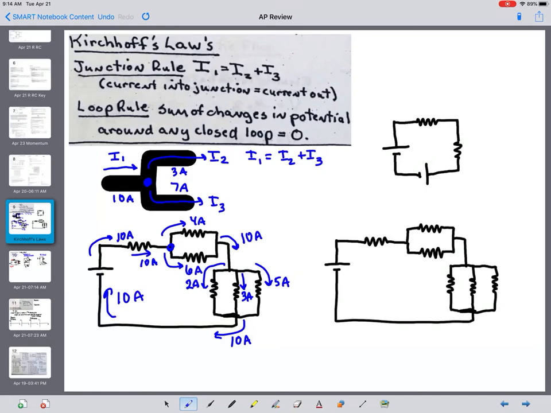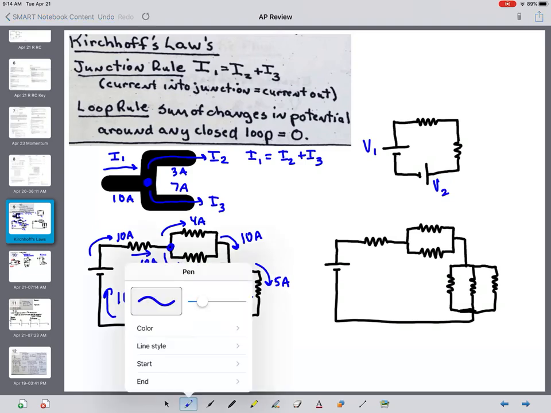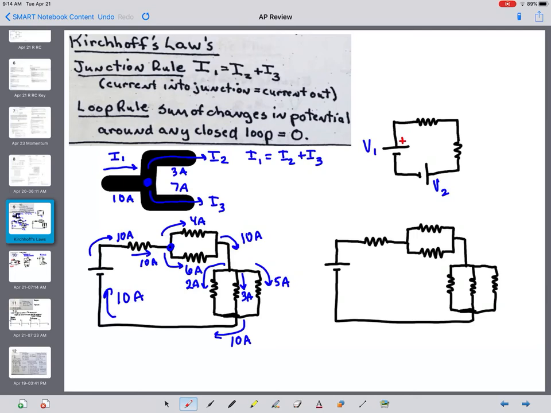On your loop rule, the sum of the changes in potential around any closed loop must be equal to 0. So then our batteries here, and I'm just going to use V's, V1, V2. So making note of high potential and low potential. There's high potential plate, low potential plate.